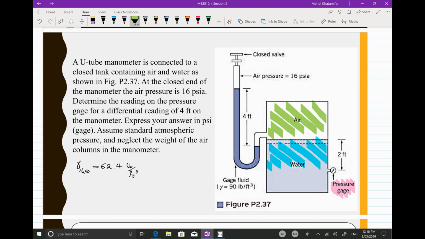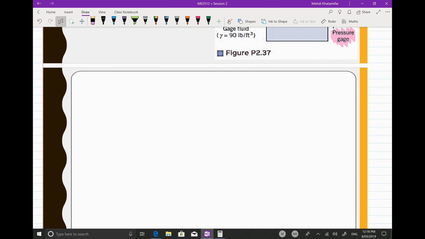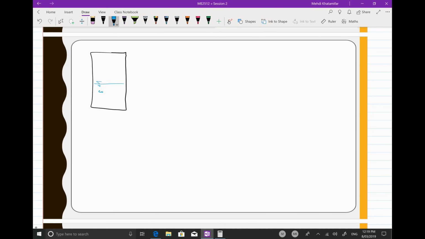Imagine I don't have this manometer. If I didn't have that manometer, I would have a tank 100% closed, water here, pressure gauge here, and air there.